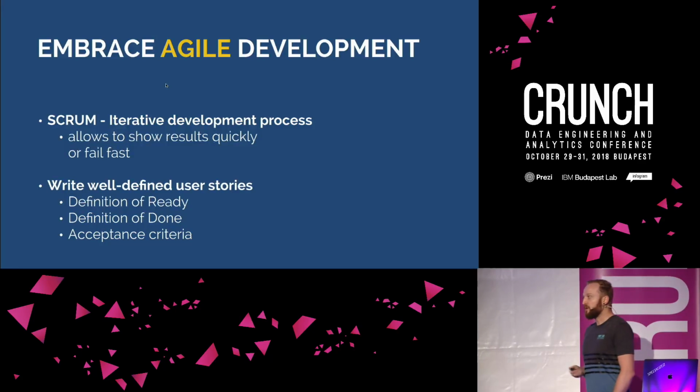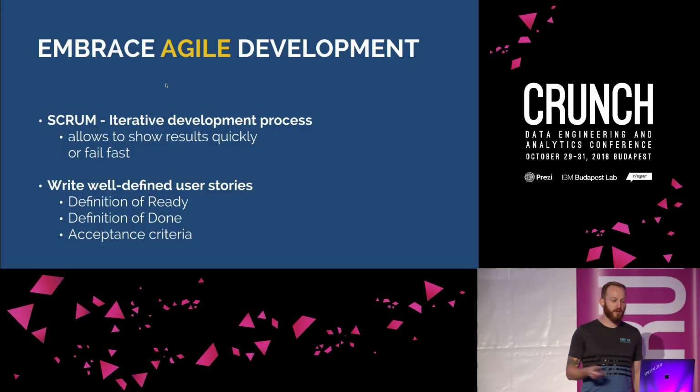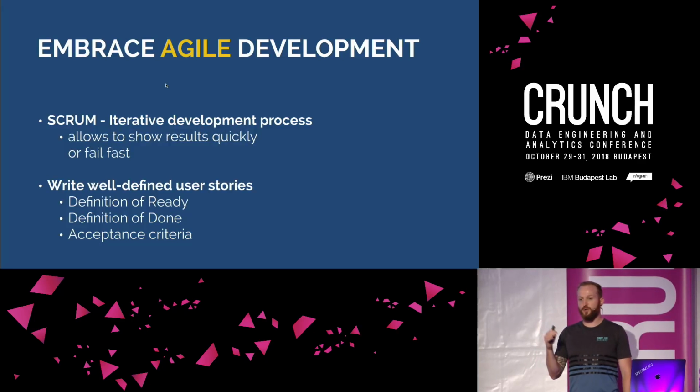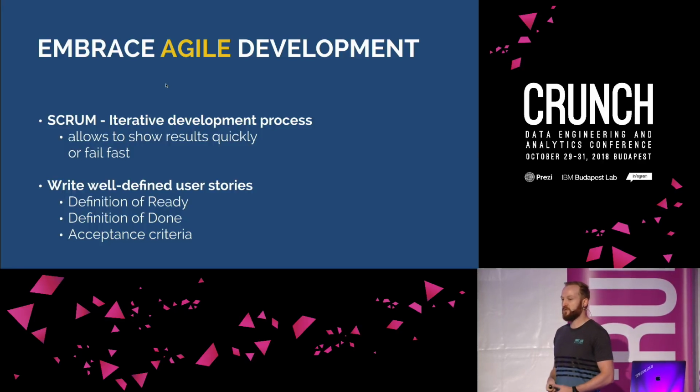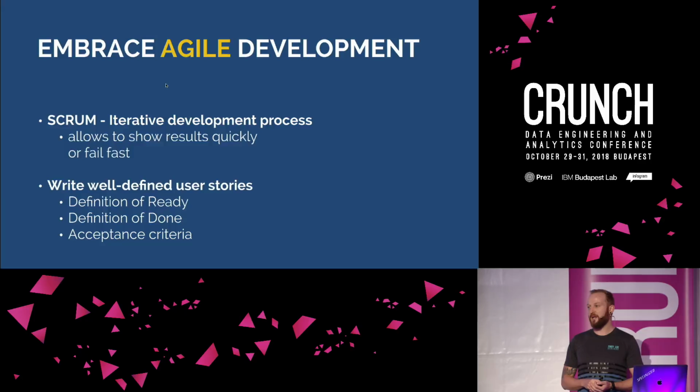What is then individually important for every user story are the acceptance criteria. For those of you who are familiar with that, it's simply the checklist of what the user story should produce as a result. And if all the acceptance criteria are checked, it should be very likely that the result contains what the business user asked for.